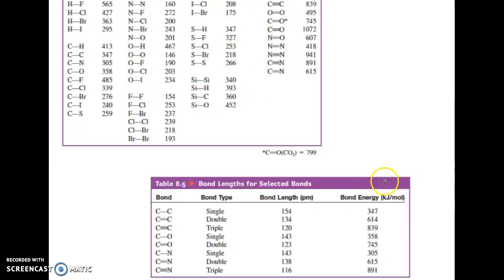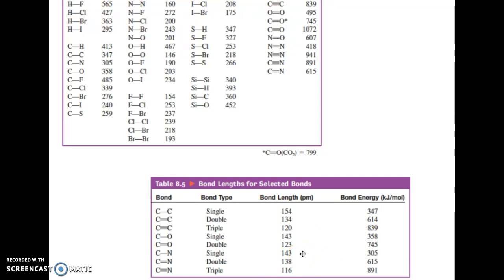Table 8.5 is for carbon single bonds, double bonds, triple bonds, carbon-oxygen bonds, single and double, and so forth, and these are the bond energies associated with them. This table also has a bond length.